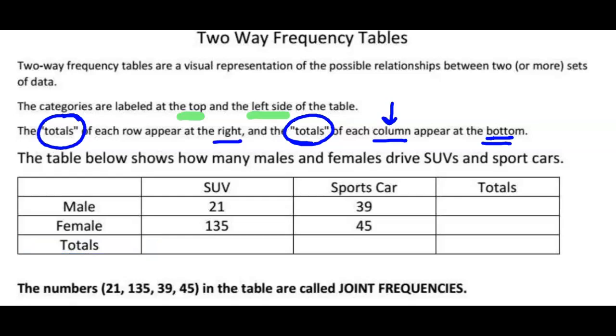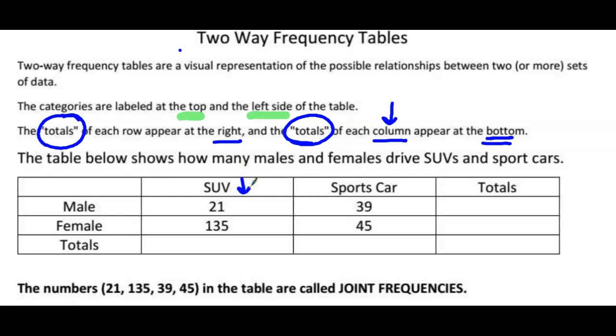It says the table below shows how many males and females drive SUVs and sports cars. The first thing you always want to do is fill out this table if you can. So you grab your calculator, and I'm going to circle where the SUV is.